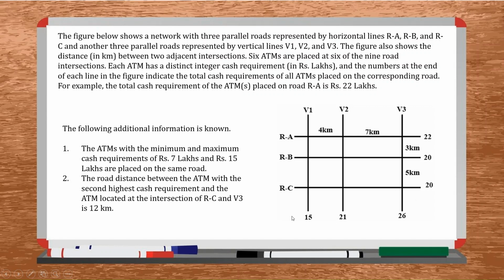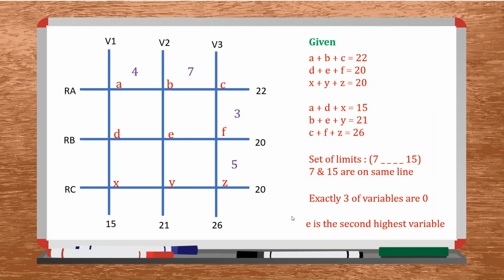Now let's convert this particular information into a format which we can use. First, let's rename all the intersection points of these roads with letters.